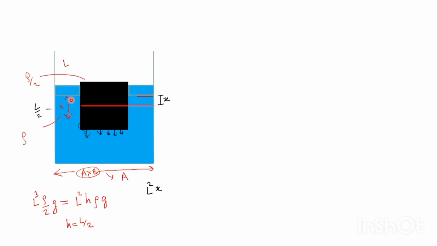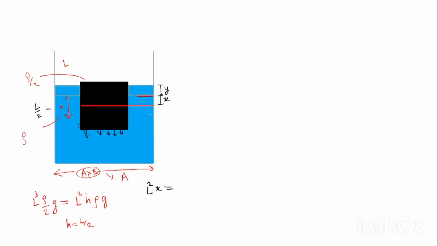And how can you calculate it? Let us say water has risen up by y. You can find y by balancing the volume pushed by the block with the extra part which has come up. L square x is the volume of water pushed by the block, and it must be equal to the volume of water raised.